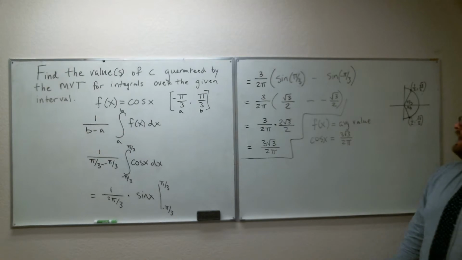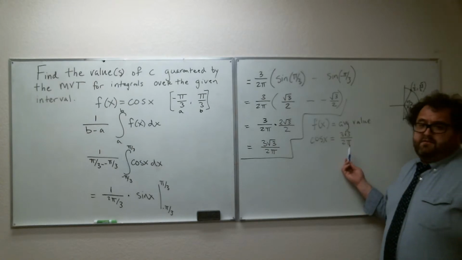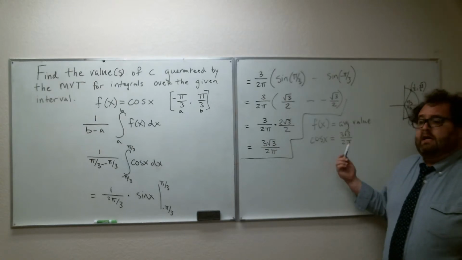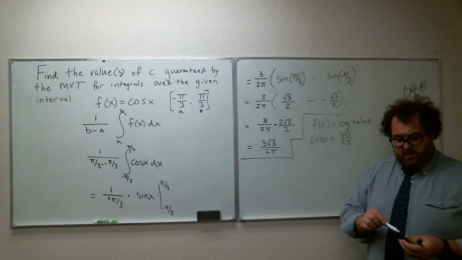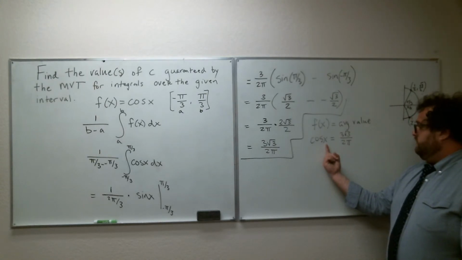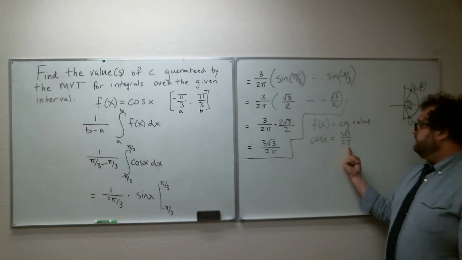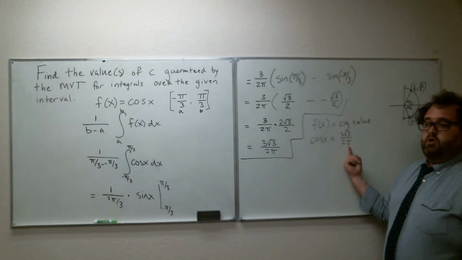Now, here's the problem. That is not something that you should recognize from your unit circle. Think about it this way. So we're asking what angle is going to give us a cosine value of 3 root 3 over 2 pi.